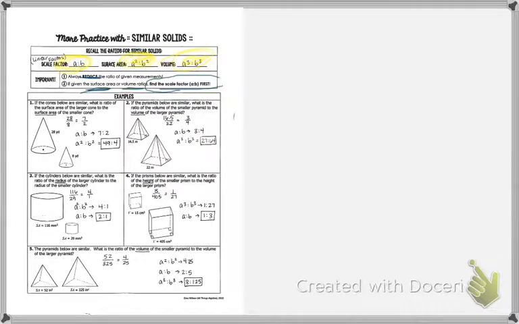So let's take, for instance, number 1. If the cones are similar, what is the ratio of surface area of the larger to the surface area of the smaller one? Well, they're telling you they're similar. They're giving you the slant height here and this line tight here, so we have to find our ratio first.